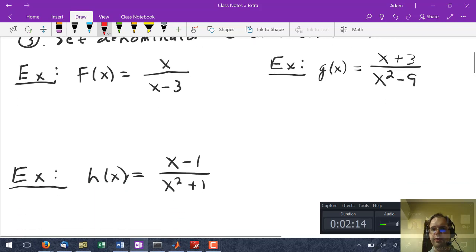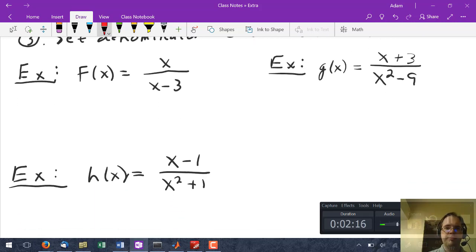So I'm going to show you a few quick examples of this, starting with this first one here, where we have f of x equals x over x minus 3. In this case, we don't need to factor anything because there's nothing really to factor. So I'm going to take the denominator and just say x minus 3 equal to 0, and then solve for x.